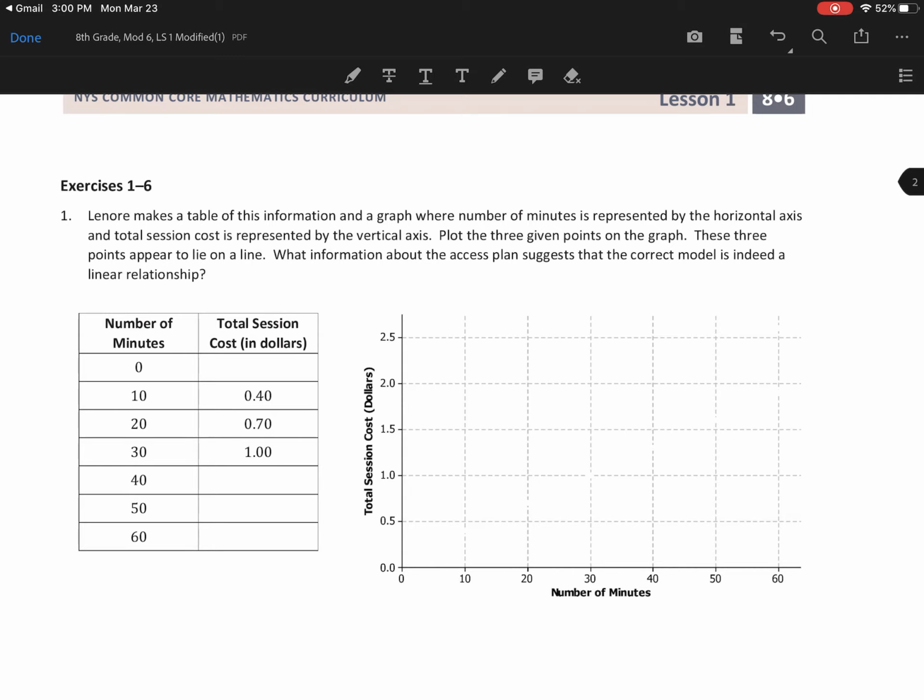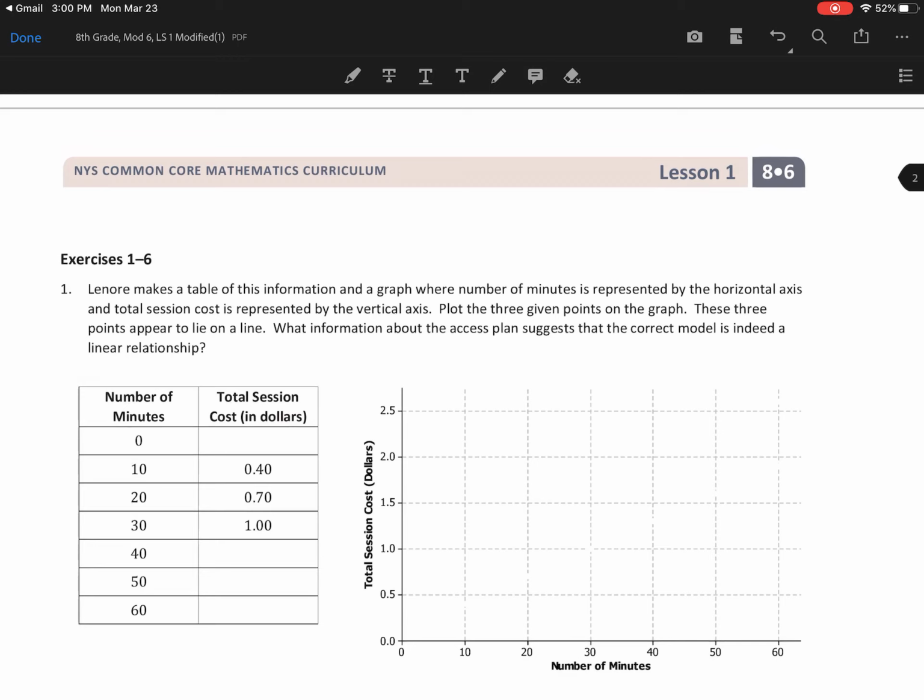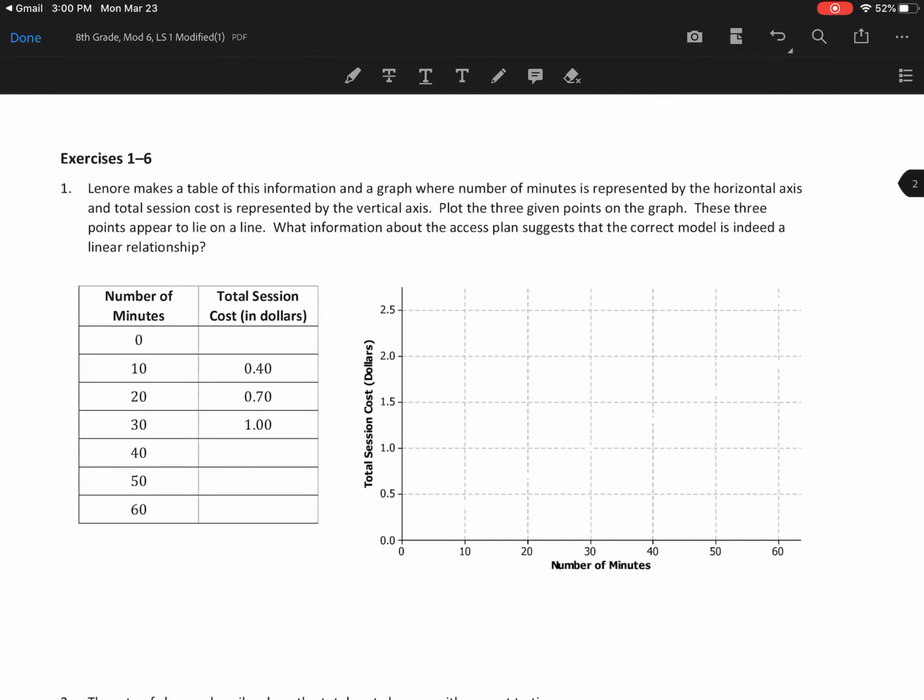And a graph where the number of minutes is represented by the horizontal axis and total session cost is represented by the vertical axis. When we're talking about a horizontal axis, are we talking about X? And when we're talking about a vertical axis, are we talking about Y?